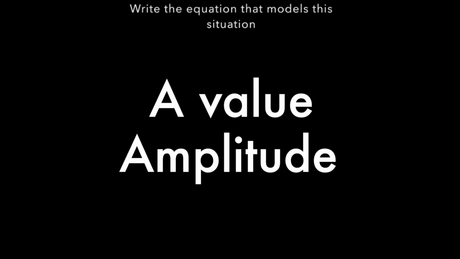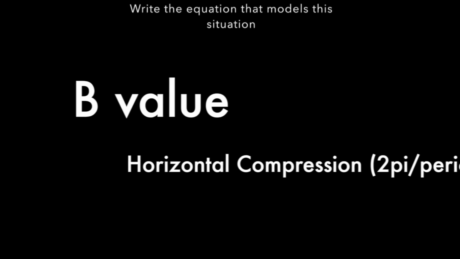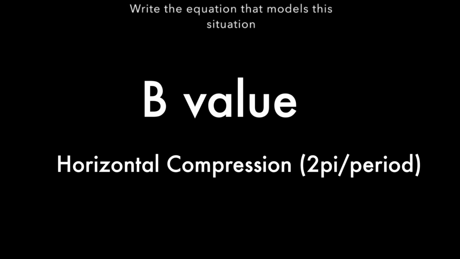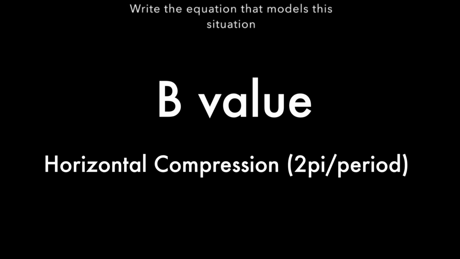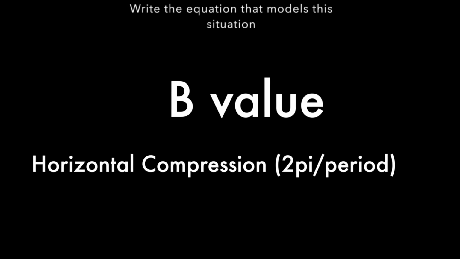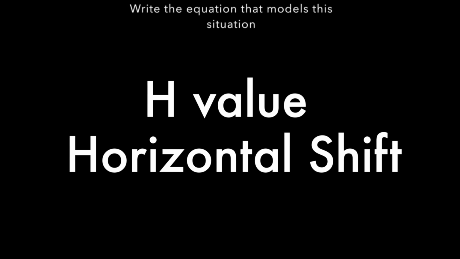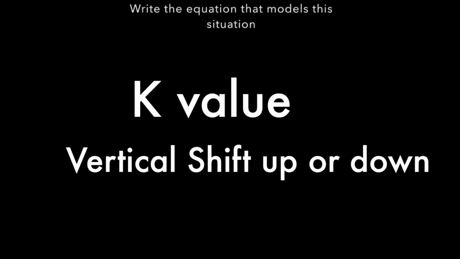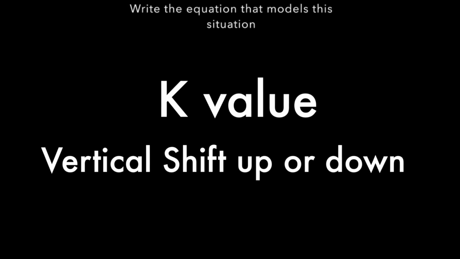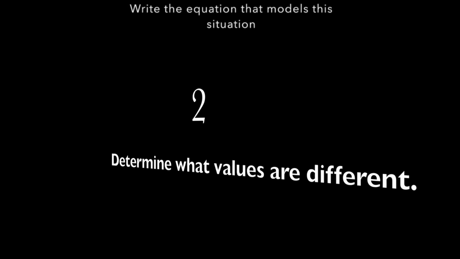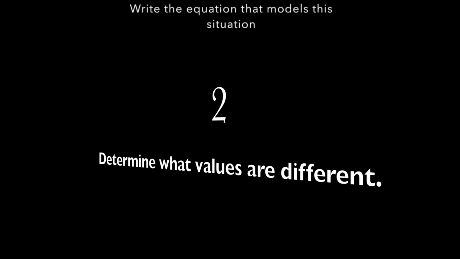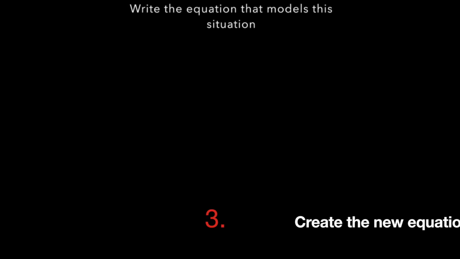Your a value is your amplitude, your b value is your horizontal compression or stretch, which can be calculated by doing 2 pi divided by the period. Your h value is your horizontal shift, your k value is your equation of axis or your vertical shift up or down. Step 2 is to determine which values are different, and step 3 is creating the equation, making sure the positive and negative signs are correct.